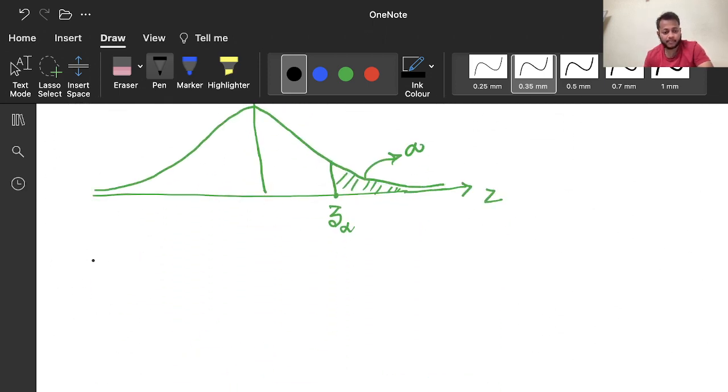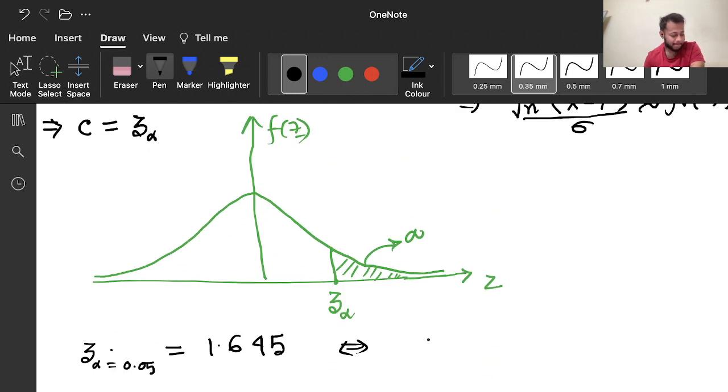From the table in standard statistics books, we know that z alpha for alpha equal to 0.05 is 1.645.